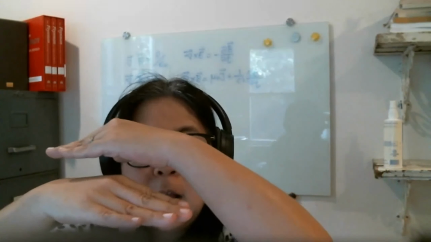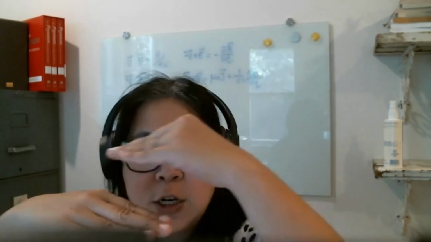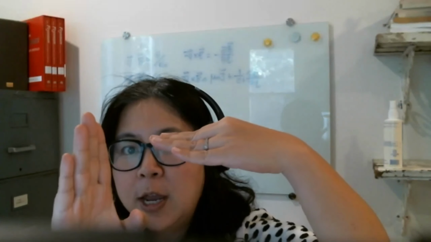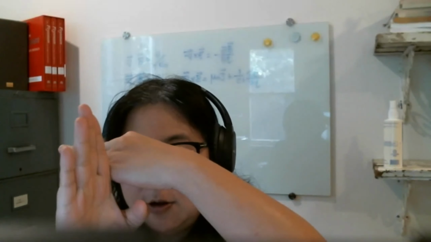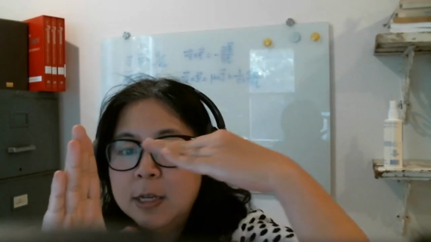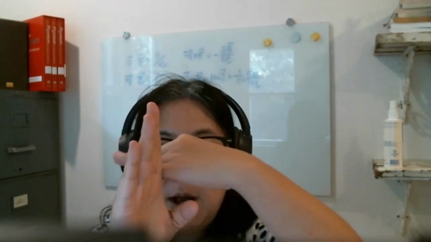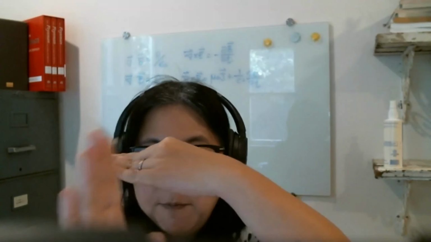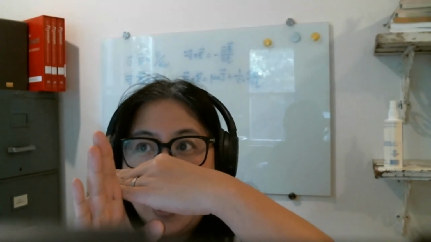It's just going to keep going at constant speed with no change in direction. But if it is moving perpendicular to the magnetic field, it feels the maximum force due to the magnetic field, and it turns.